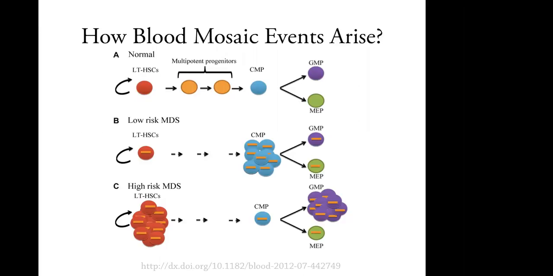Such mutations which have an abnormal allele balance, assuming they result from clonal expansion, we call mosaic events. None of us inherit such things from our parents. This is all what happens during a human's life.